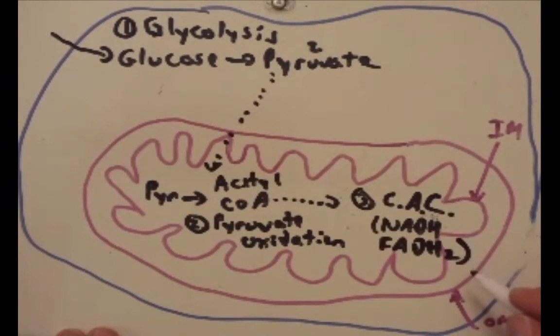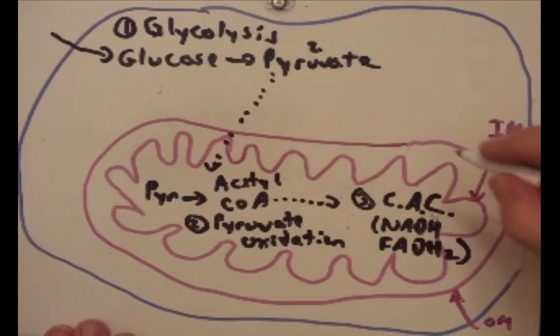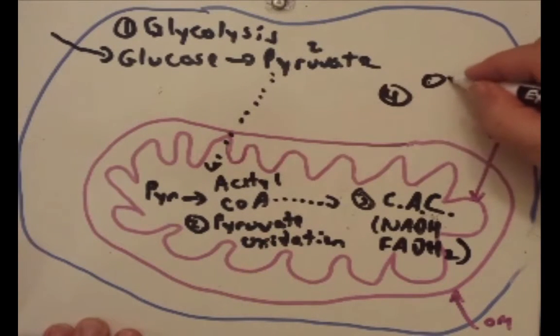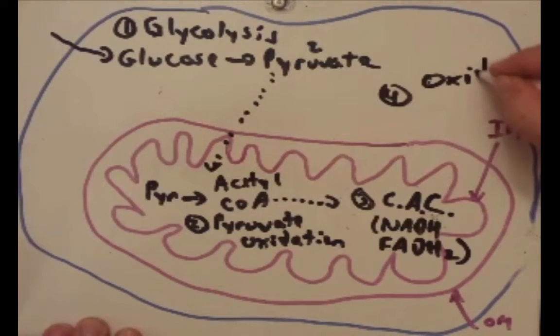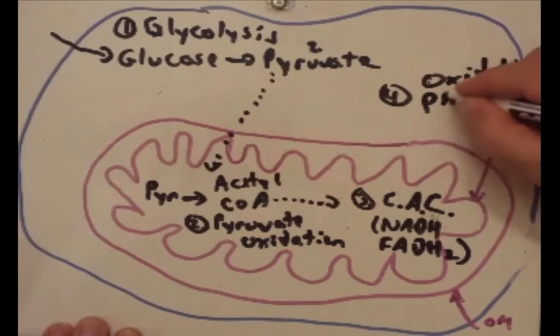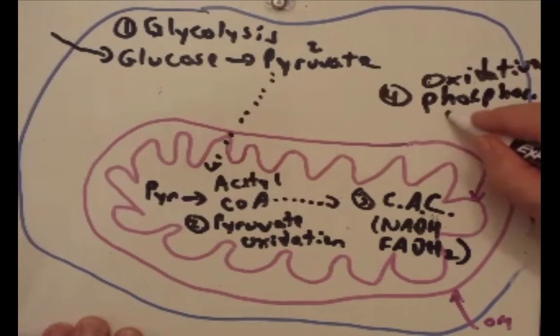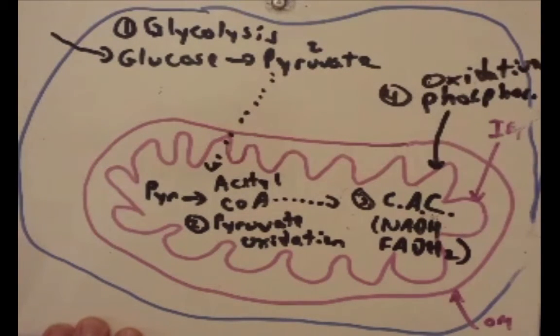And it takes these electrons into our fourth stage. I'm going to write it here, 4, which is oxidative phosphorylation. And that occurs on the inner membrane of the mitochondrion.